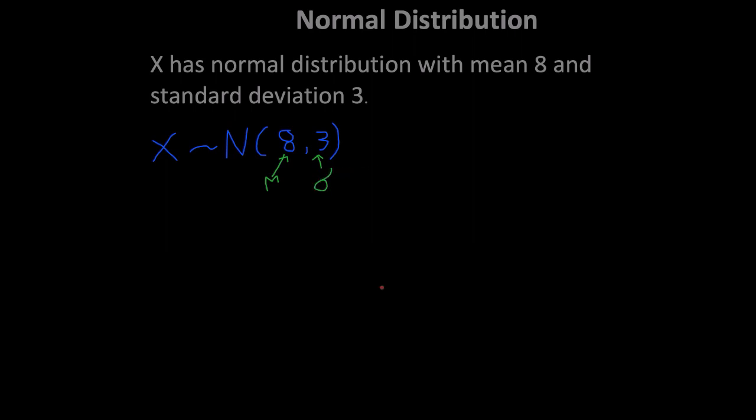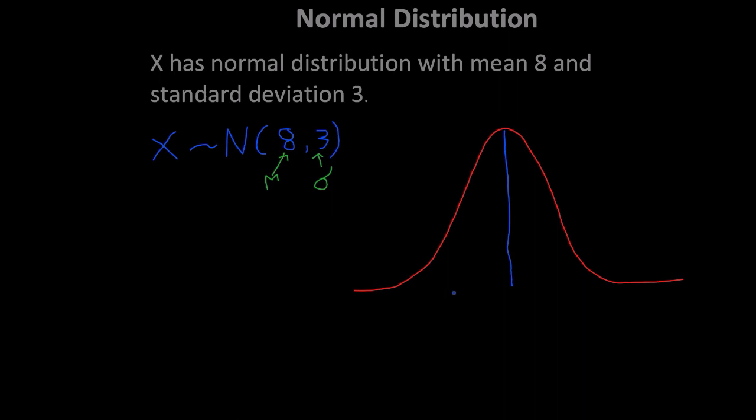Let me draw this shape. Actually, this is the density curve of the normal distribution. It is bell-shaped and symmetric about the mean, which is 8 in our case. To make it clear, I use several colors.